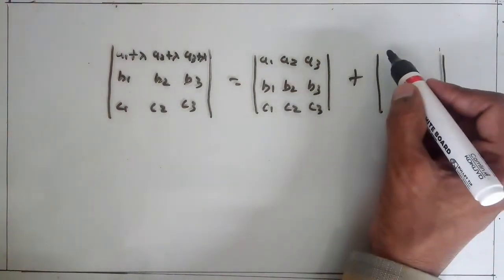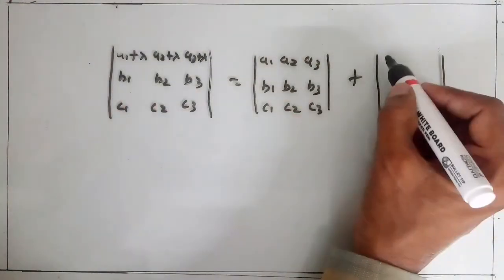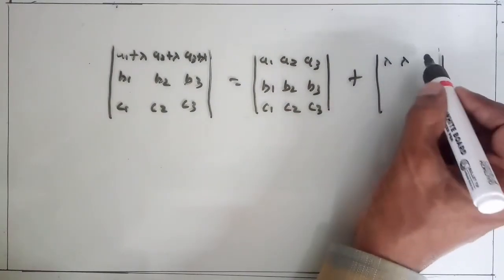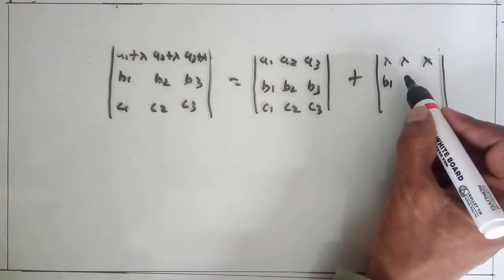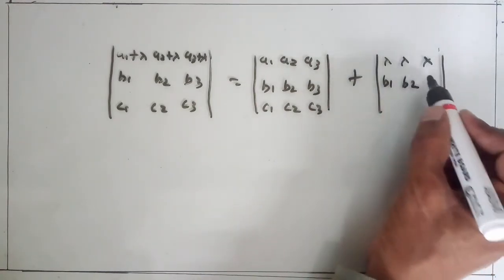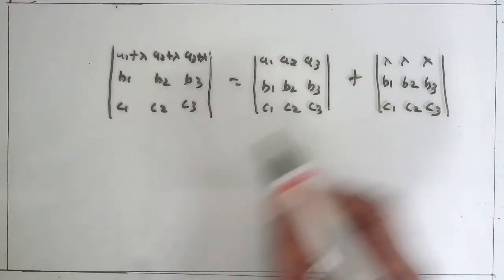Similarly, in the second determinant, we write the second entries of this sum, lambda, lambda, lambda, and in the second row b1, b2, b3, third row c1, c2, c3. Clear this?